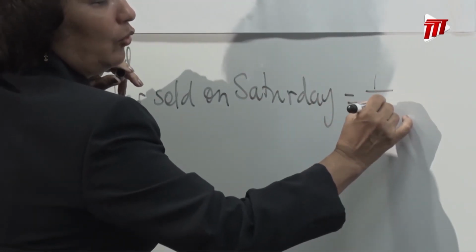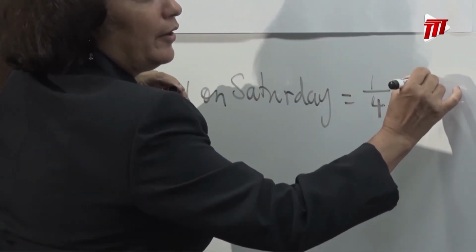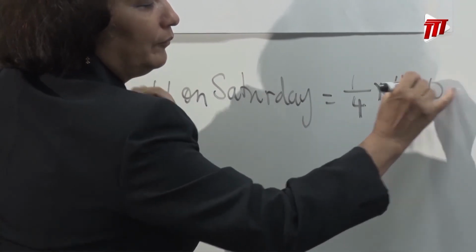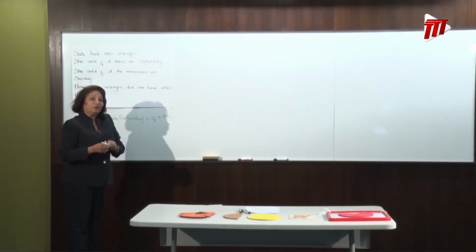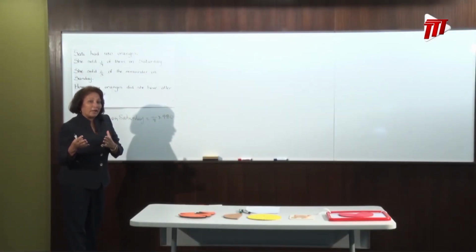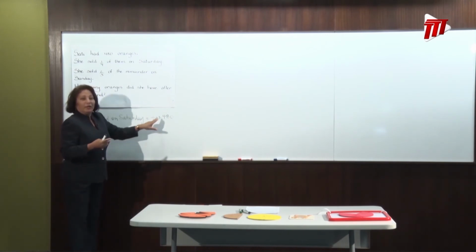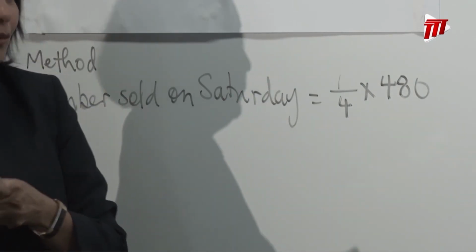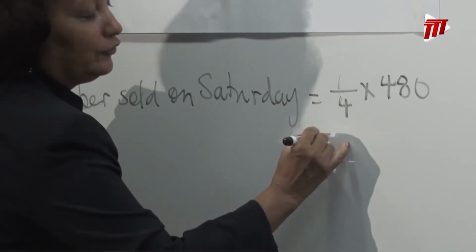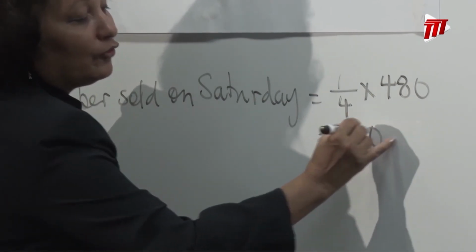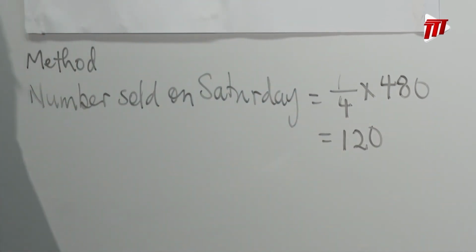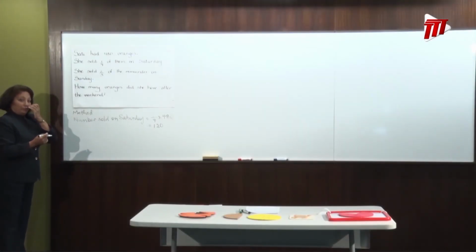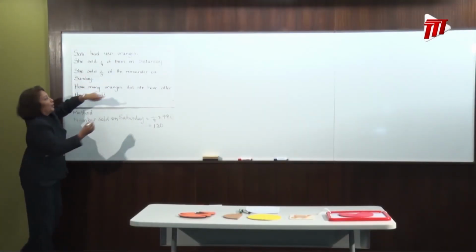So I would take a quarter multiplied by your 480, and we could do that using our mental math. 4 into 48 would be 12, so 4 into 480 would be 120. So 120 oranges were sold on Saturday. After 120 oranges were sold, we talk about the remainder.